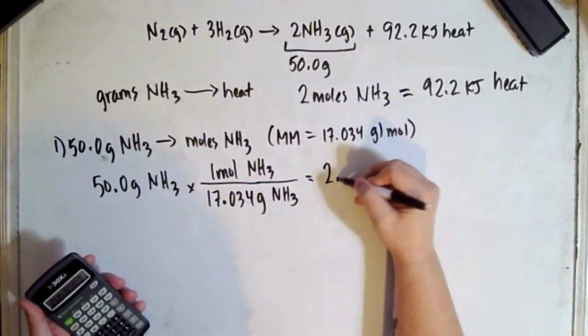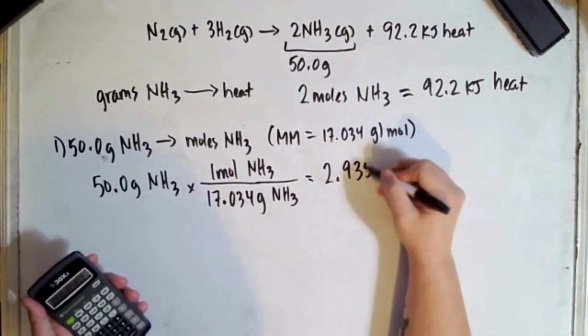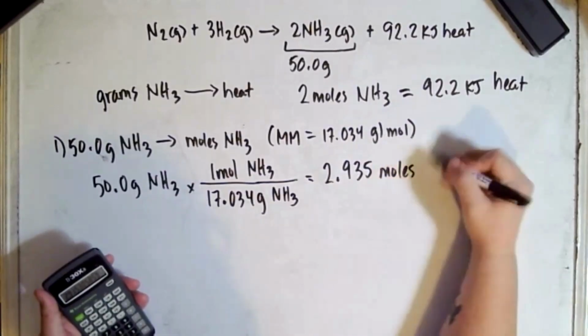So we're going to end up with 2.935 moles of NH3.